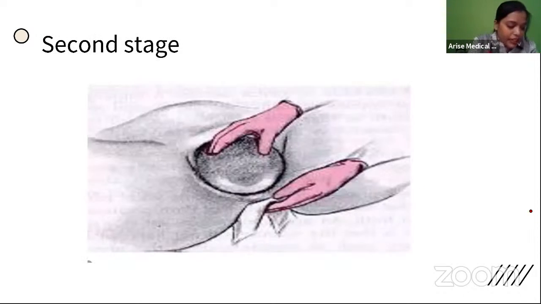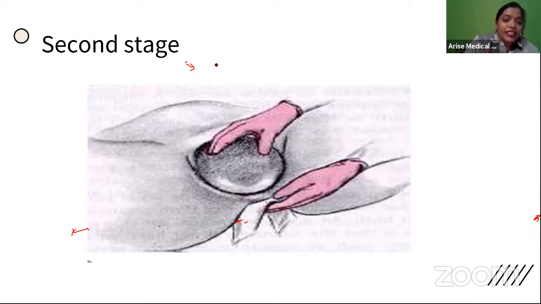What is this maneuver, guys? Here you are giving perineal support and flexing the fetal head to deliver the head in a controlled manner.